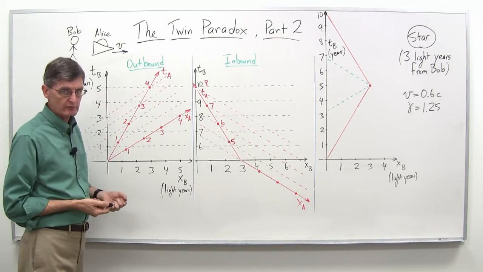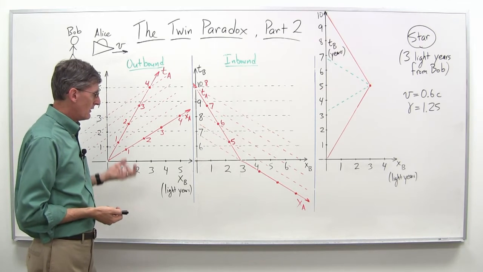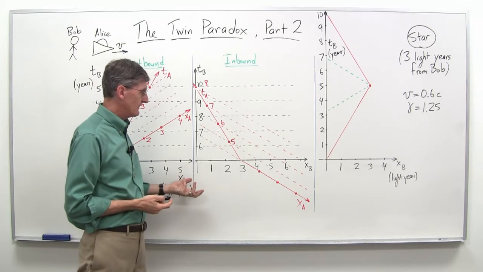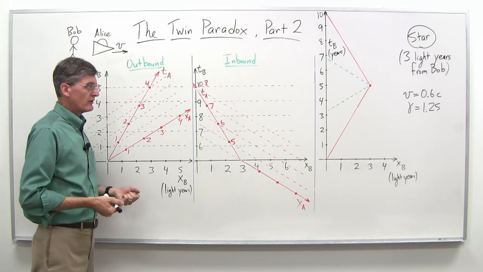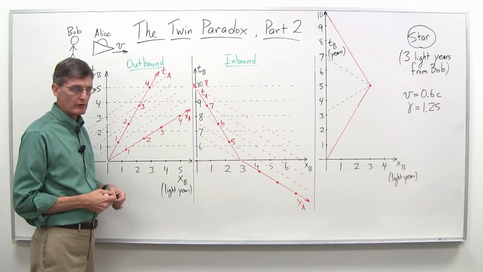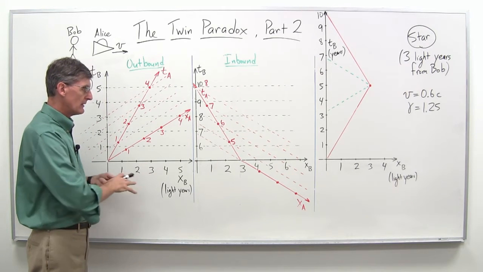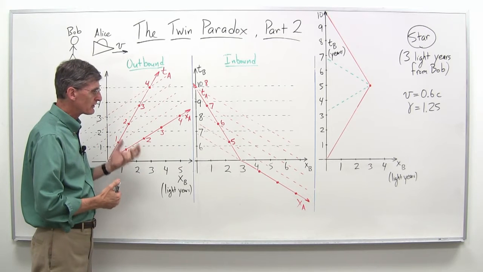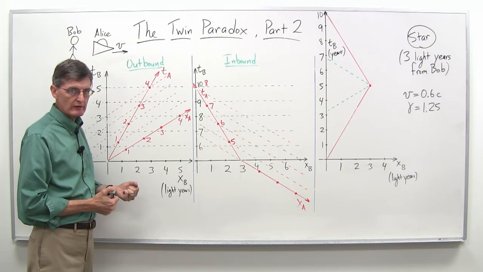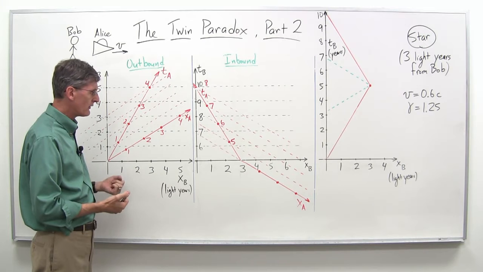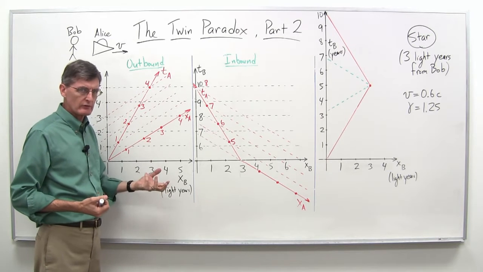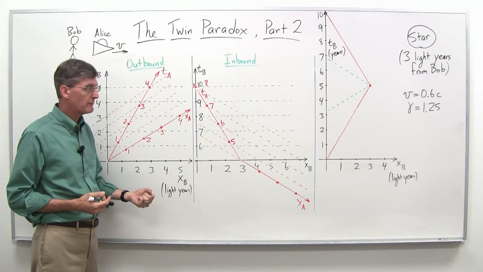So that's very symmetrical. The question, though, again, is where does that extra time for Bob go? Because Alice sees Bob's clocks running more slowly than her clocks, and therefore she should think, shouldn't Bob be younger when I get back?